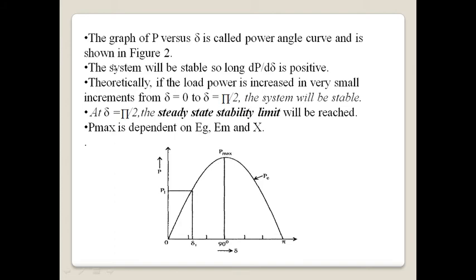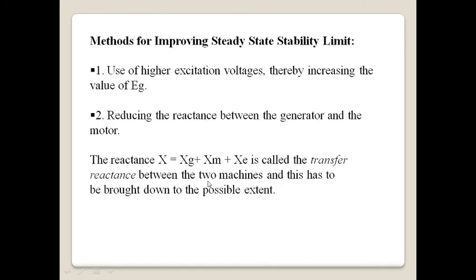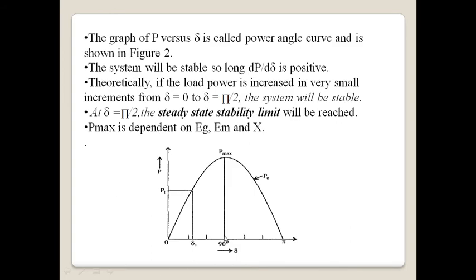The system will be stable so long as the slope dP by d del is positive, in this region from 0 to 90 degrees. In this region the system is stable, as del is increasing, P is increasing. After 90 degrees, del is increasing but P is decreasing.